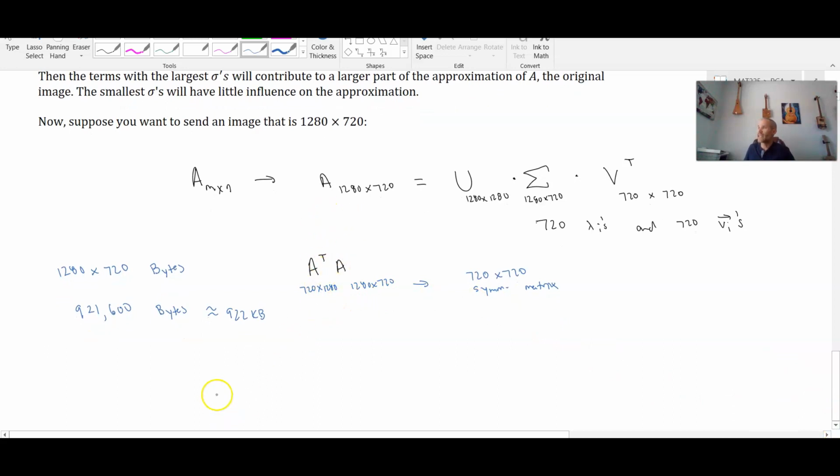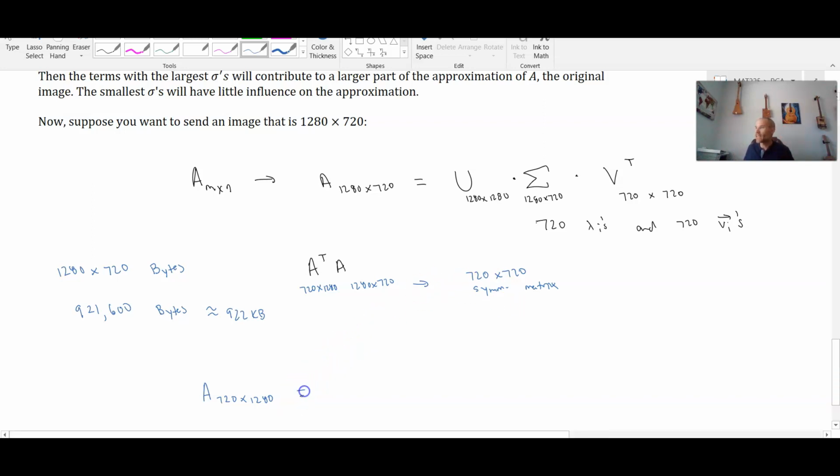But suppose that instead I approximated A with the principal components. So I'm not going to send a series of matrices to somebody. Instead, what I'm going to send them are the sigmas, the p's, and the v transposes.